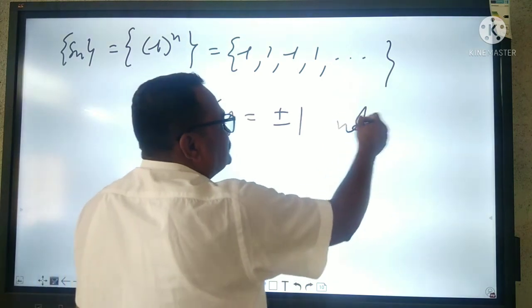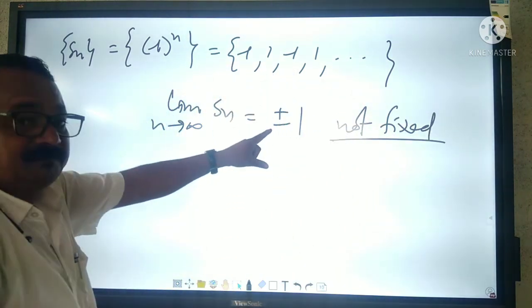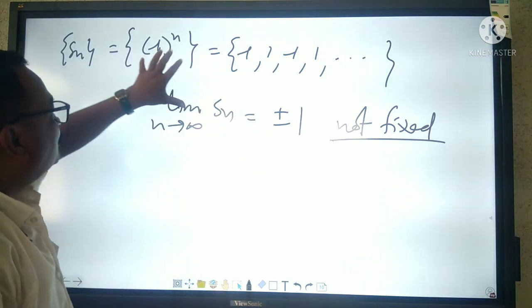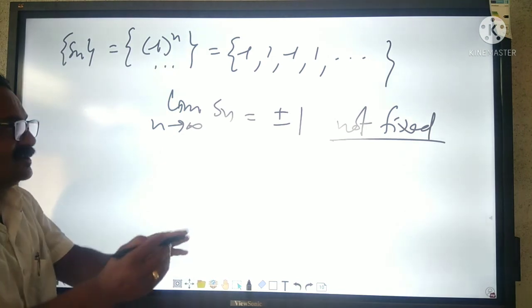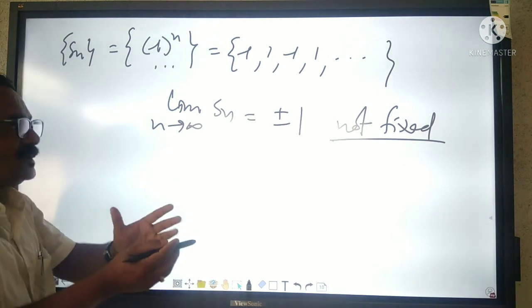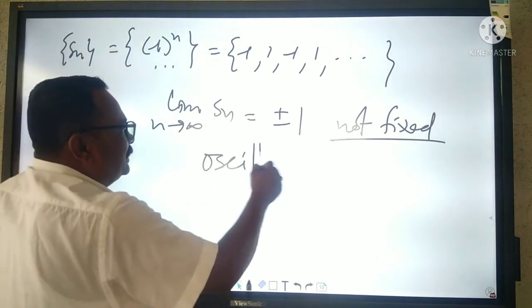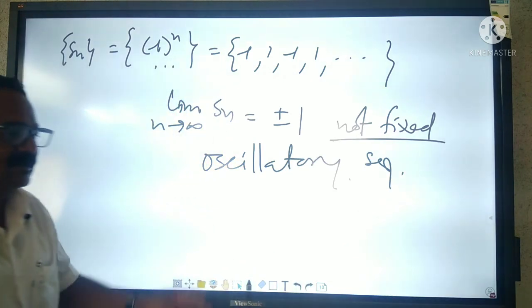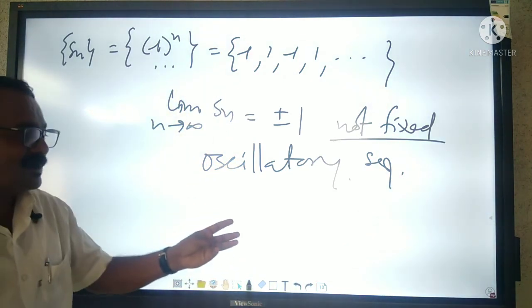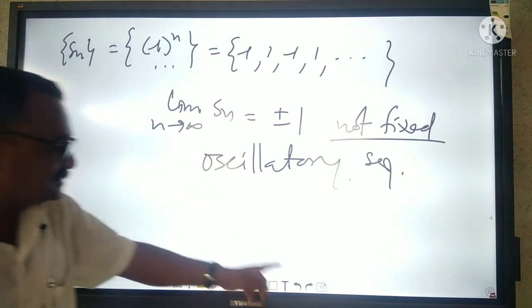This is not fixed, that's why this sequence minus 1 raised to n is not convergent. The limit may be plus 1 or minus 1, so we say that this sequence is an oscillatory sequence. So we have taken examples of a convergent sequence, a divergent sequence and an oscillatory sequence.